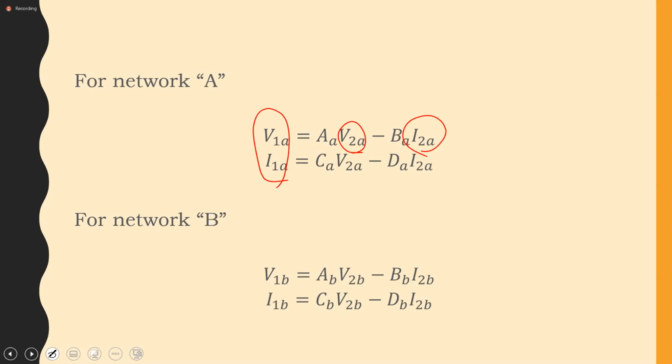So for network A, we have V1A equal to AA V2A minus BA I2A. And then for the current, we have C and D. So we have V1 equal A V2 minus B I2, and I1 equal C V2 minus D I2.